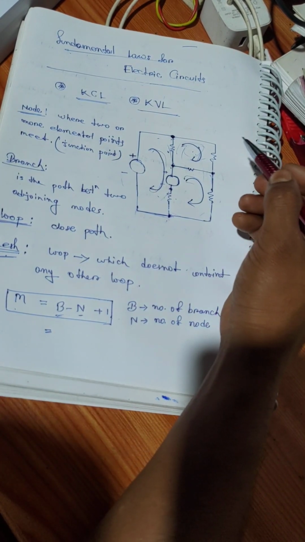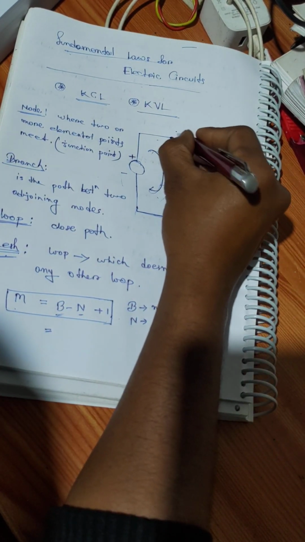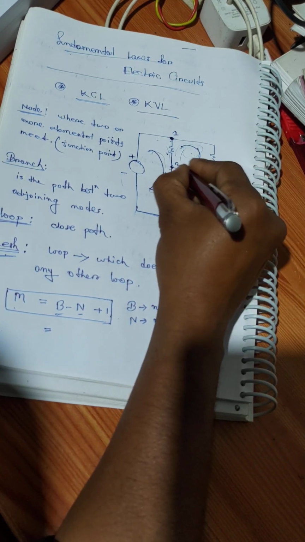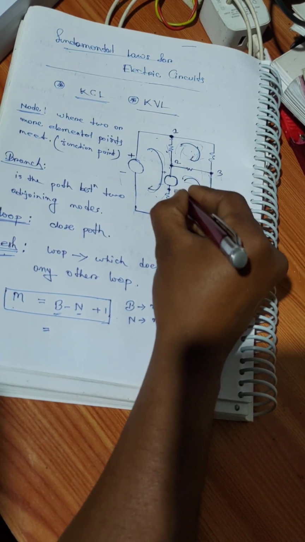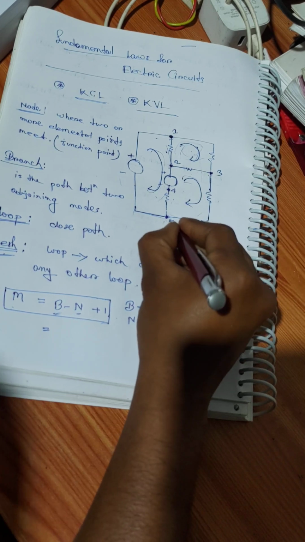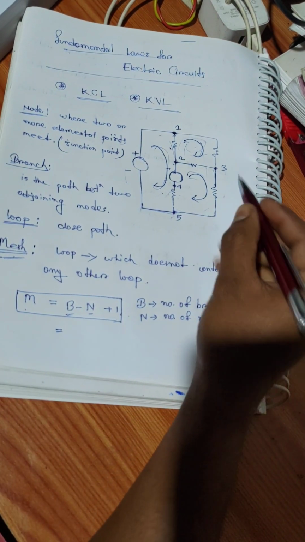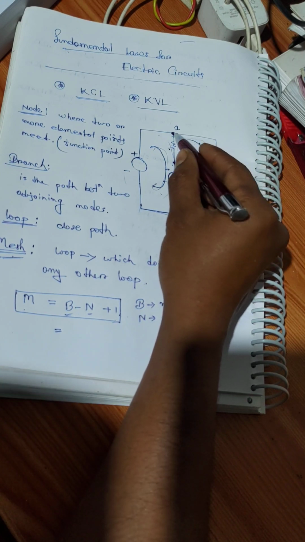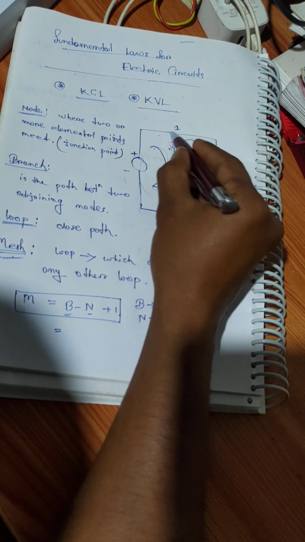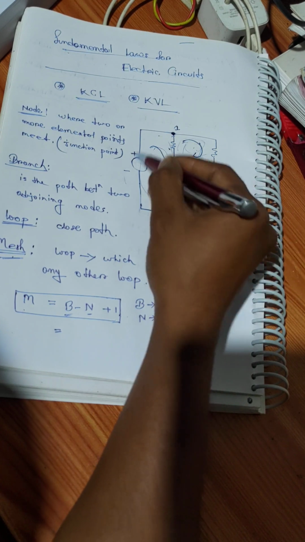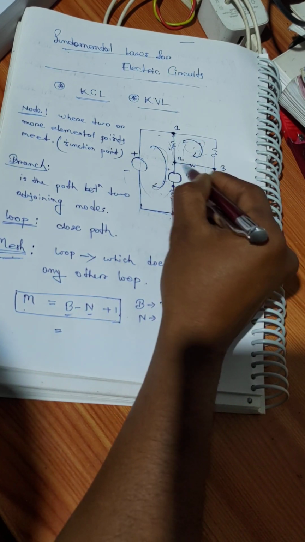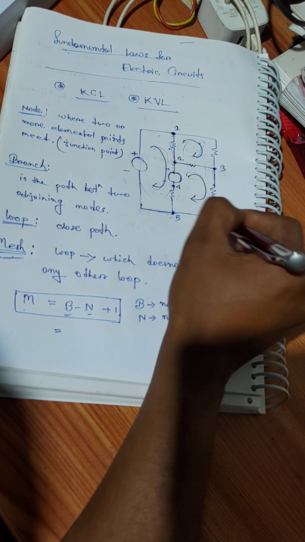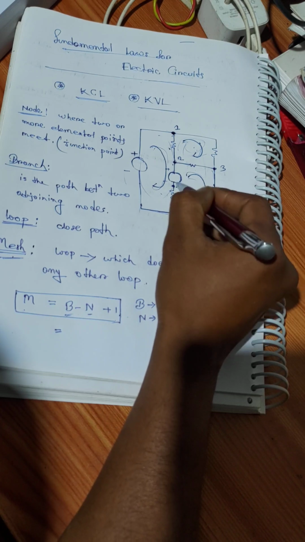Here we'll see how many nodes. If we give numbering 1, 2, 3, 4 and 5, so 5 nodes here, and branches: look here, this one, 1, 2, 3, 4, 5, 6, 7.